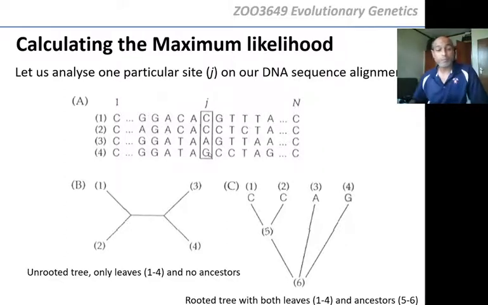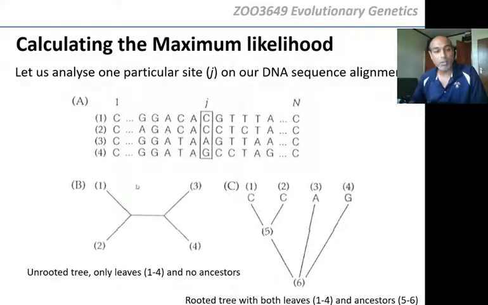So for this tree topology, okay, for this rooted tree, we can say, okay, we'll put C and C. So for this topology, let's just assume that we are having a rooted tree, all right? But we can start with our unrooted tree, for example.